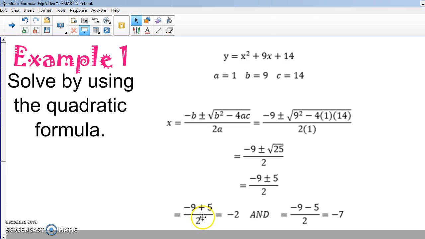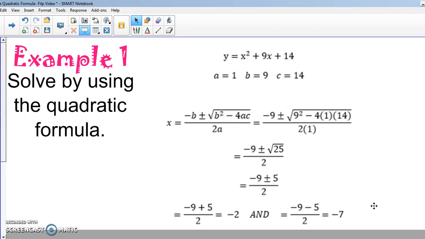And then you do negative 9 plus 5, divide that answer by 2, and you should get negative 2. And then negative 9 minus 5 divided by 2 should give you negative 7. So for this example, the solutions of the quadratic formula are negative 2 and negative 7.